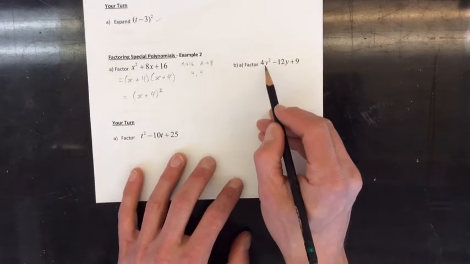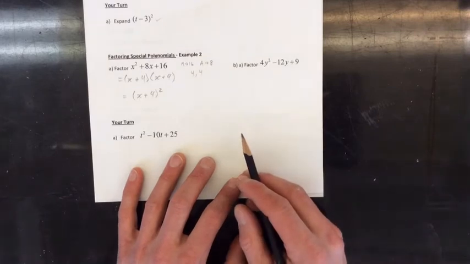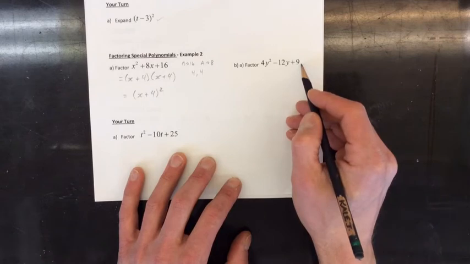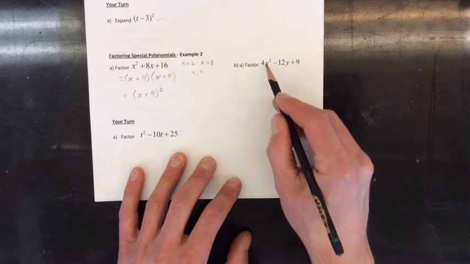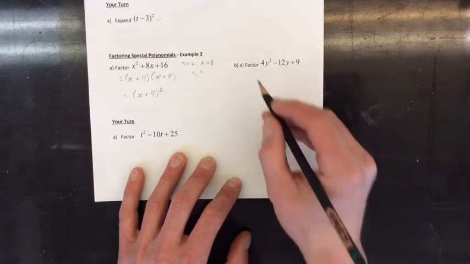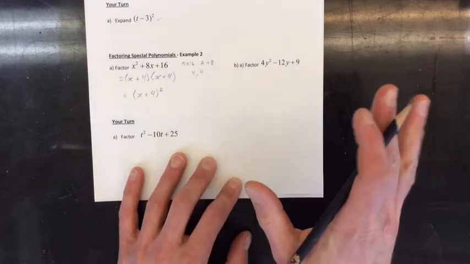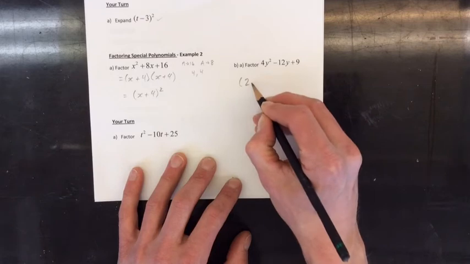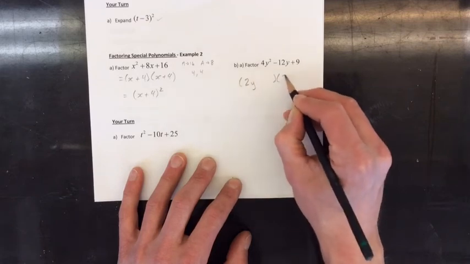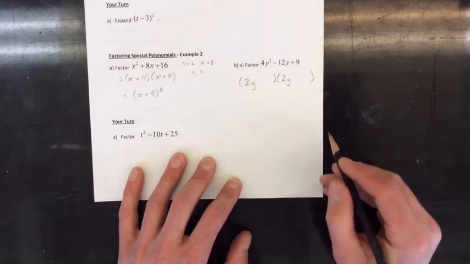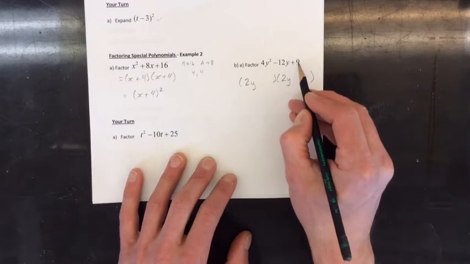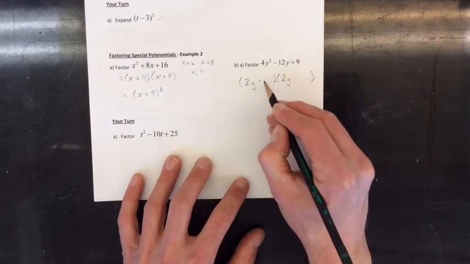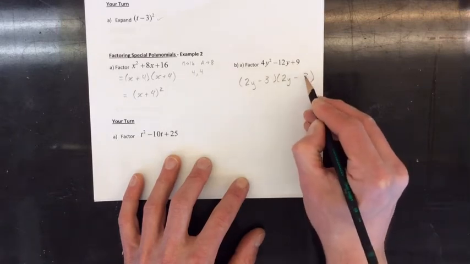If I look at this one, my a value is greater than 1. So I can use my modified factoring, but I know that 4y squared and 9 are both squared terms. So I'm going to not use my modified method and just try saying, what about if it was 2y and 2y? Well, to get a positive 9, I would need to have 3 squared, but this is negative, so it must have been minus 3 and minus 3.